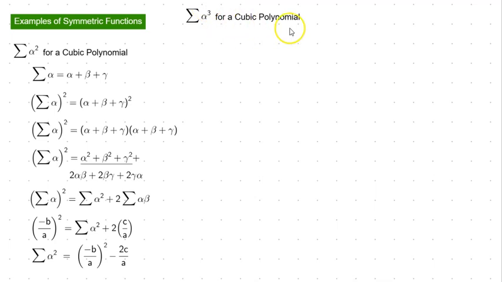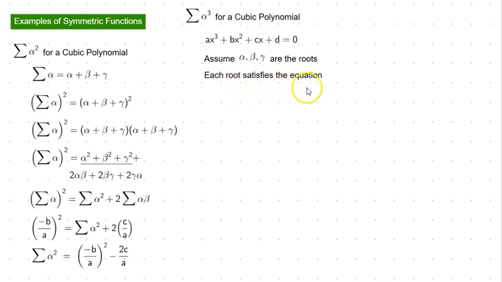Sigma alpha cube for a cubic polynomial. I think you've got the idea now. So we have ax cube plus bx square plus cx plus d equal to 0. Let's assume alpha, beta, gamma are the roots. Each root satisfies the equation. So which means we can substitute these roots into the equation.